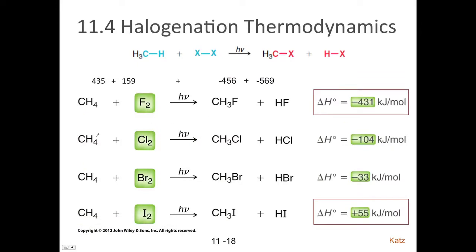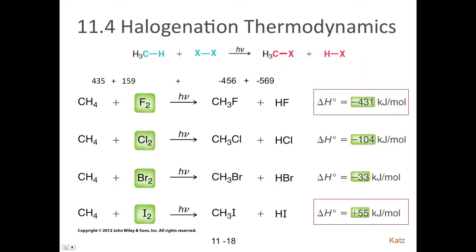This is a generic table as to what I'm talking about here. Just take the positive values of enthalpy for the starting materials and a negative value for each of the products, and then if you add up all of those numbers, they'll come out to values of the appropriate enthalpies of reaction.